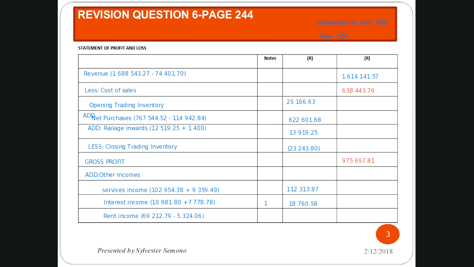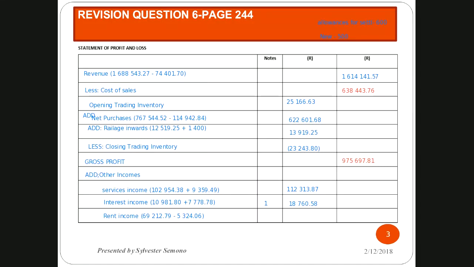Thank you for that. The rent income must be 63,888.73. Hopefully, guys, you see what is going on here. And don't worry, rent income is not a note. So far the note is only interest income. Okay, please go and check rent income because we used rent income.